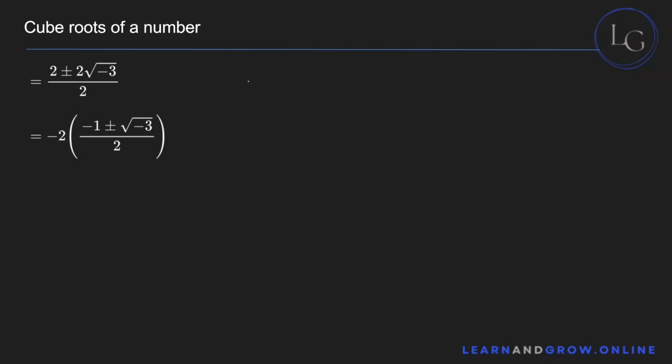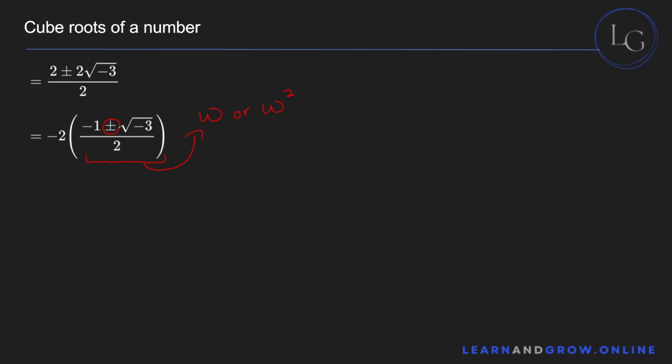Remember one thing. We can write this expression down as equal to omega. This can be denoted as omega. So this is omega, or this can be also written down as omega square. And that purely depends on the sign over here. The sign that we use here will determine whether it is omega or omega square.